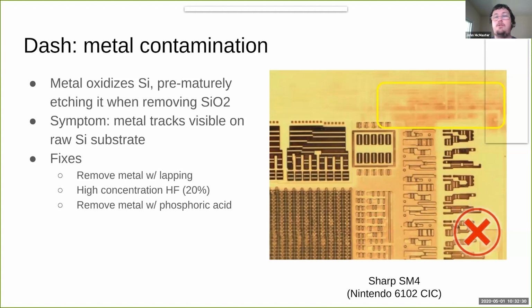The reason you would do this is that unlike hydrofluoric acid, it won't eat the silicon below. So it'll just eat out those metal contaminations. You wash that off, and then you can go back to hydrofluoric acid etching. Because most of the time the issue is the hydrofluoric acid will etch the, say, silicon dioxide, metal will float to the top, but because it's not removed from the solution, hydrofluoric acid will continue to react with it and then start damaging your chip.